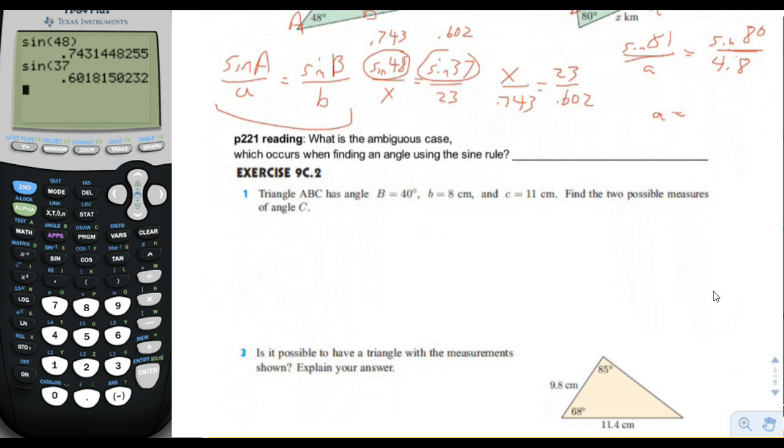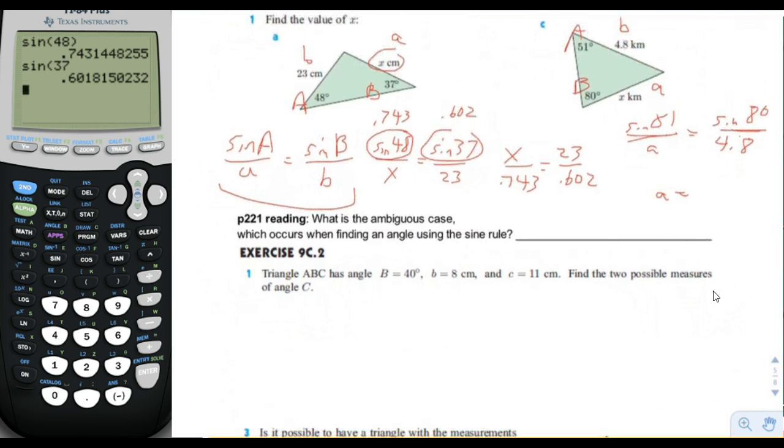So if the unknown you're looking for is the angle, then you might end up with a case where you know that the sine of the angle is a certain number, but there are two possible angles which can give that number.